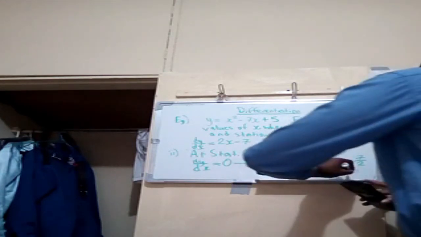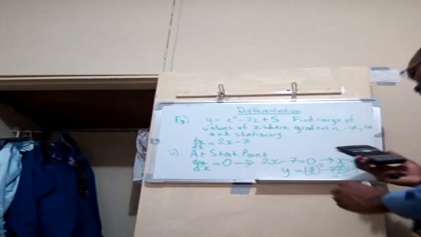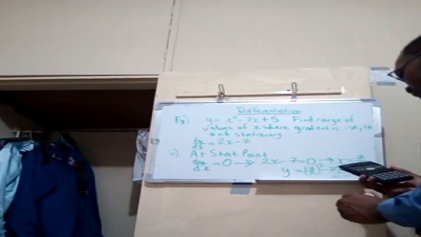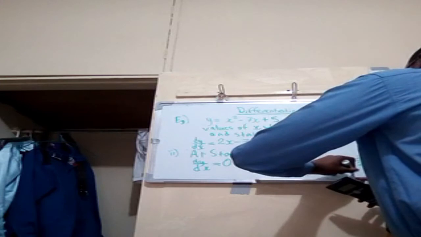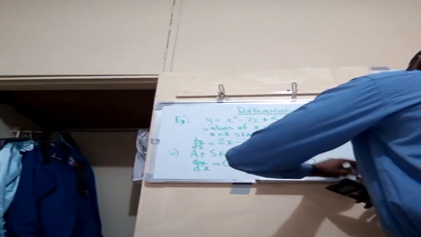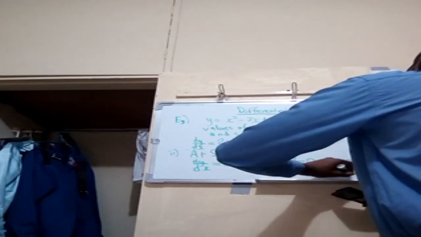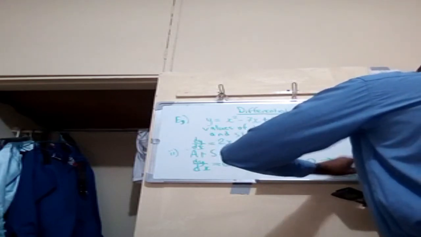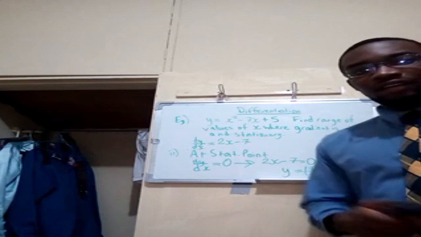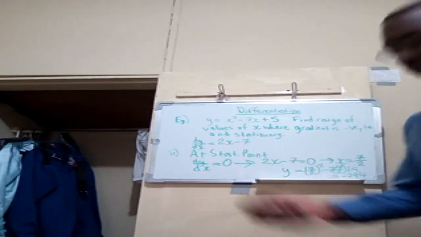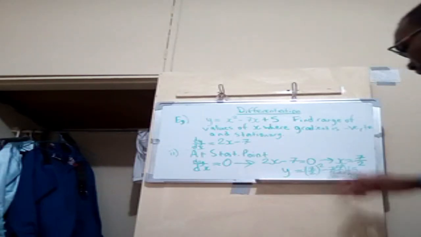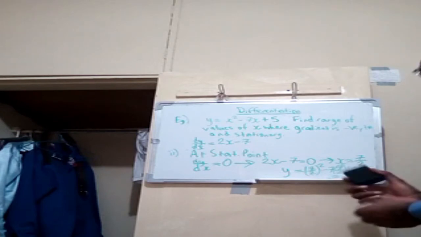To write minus 7 and a quarter, we can write minus 29 over 4. So that is the stationary point.